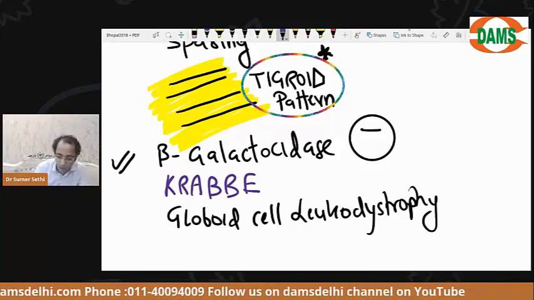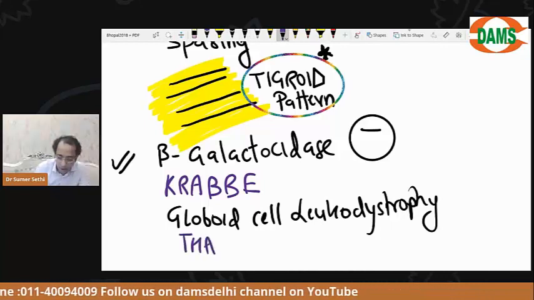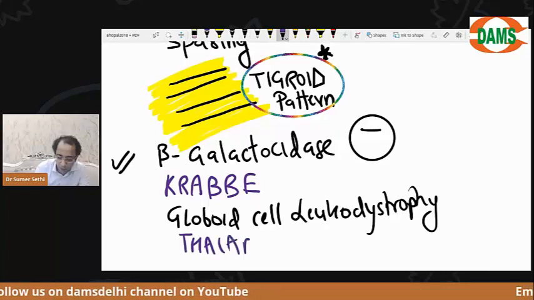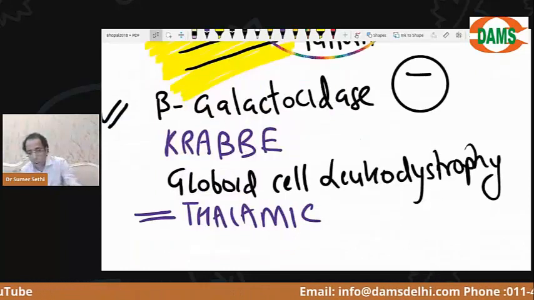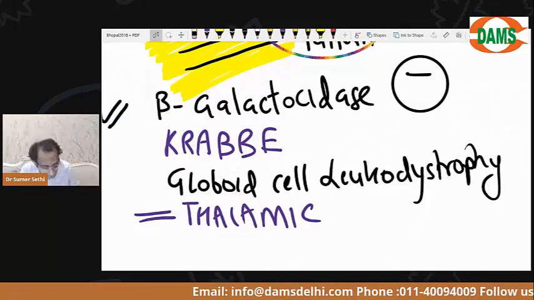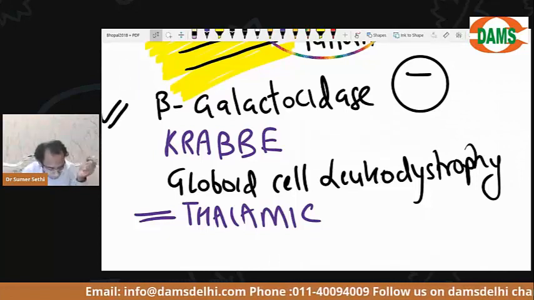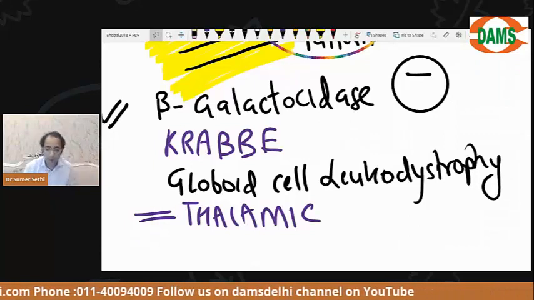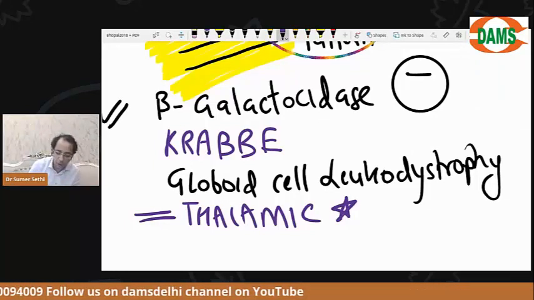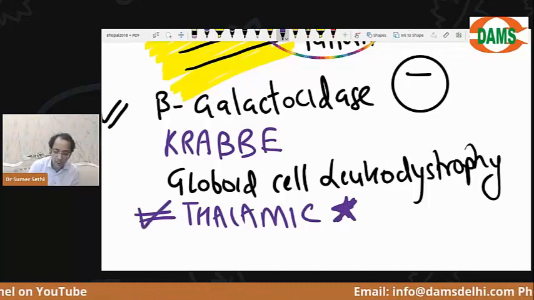Here the keyword is thalamic involvement. Krabbe's disease not only involves the white matter in your brain, it also involves the thalami. So once it is written in the question, you start thinking of Krabbe's disease: thalamic involvement in a white matter disease, Krabbe's disease.